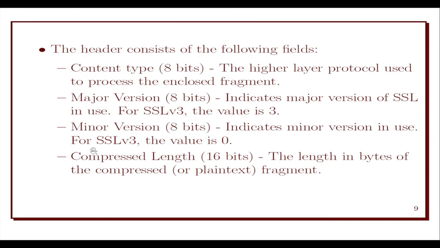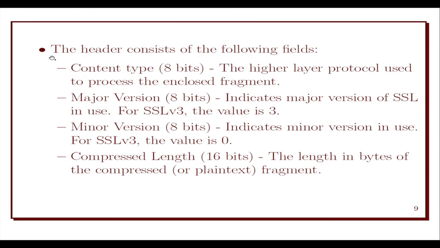If it is SSL v3, then the value is 0. So, this 0 will be put in the minor version, which is also 8 bits, and then the compressed length, which is 16 bits. This is the length in bytes of the compressed or plain text fragment. So, this length also you need to maintain in the header.